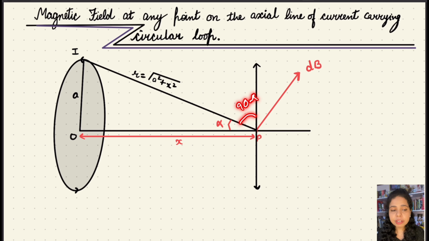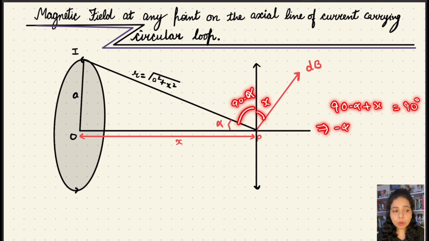Also we have found that the angle between the line joining and dB is 90 degrees. Therefore, let us say if this is 90 minus alpha and the remaining angle is x, then we have to calculate x such that 90 minus alpha plus x is equal to 90 degrees, or minus alpha plus x is equal to 90 minus 90, which is equal to 0, or x is equal to alpha.